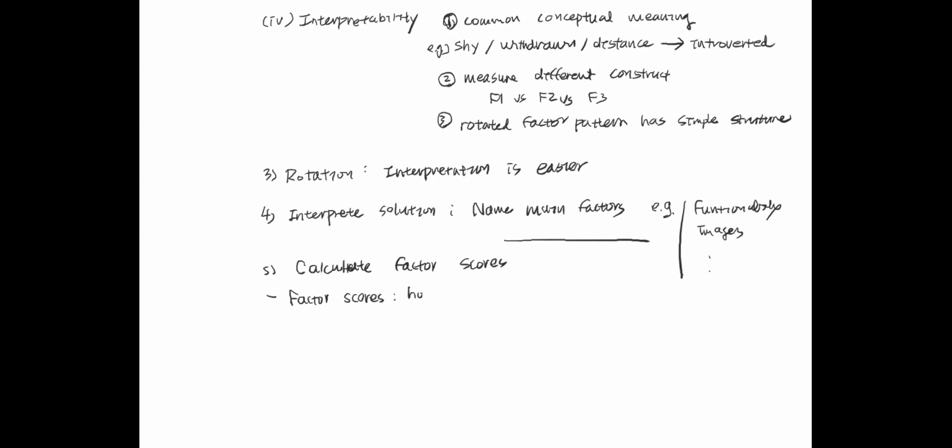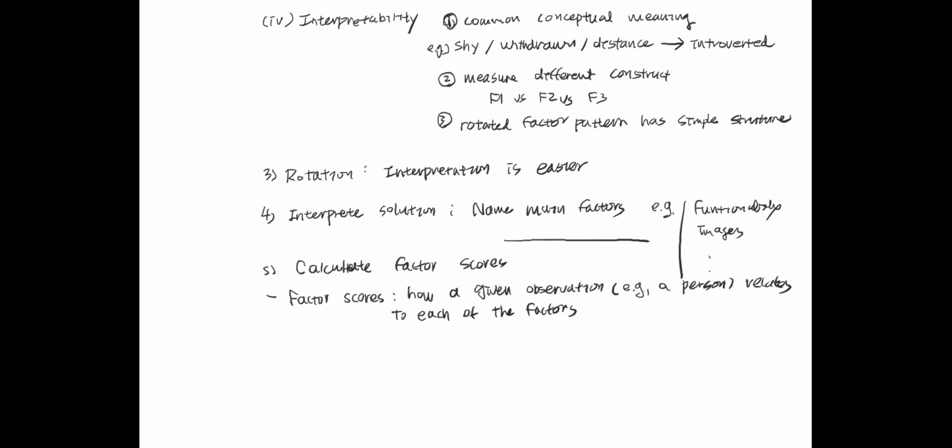The factor score tells how a given observation, in the survey context the observation is a person, so the respondents, relates to each of the factors. So this is what the factor score is.